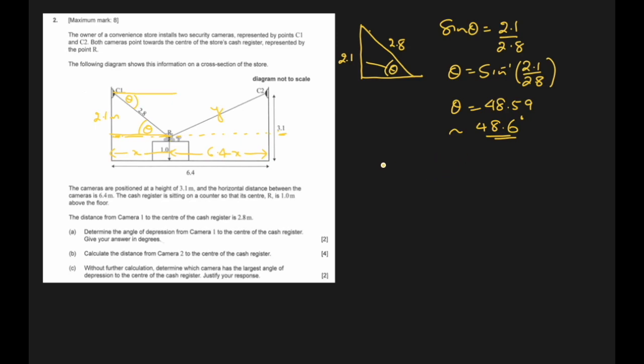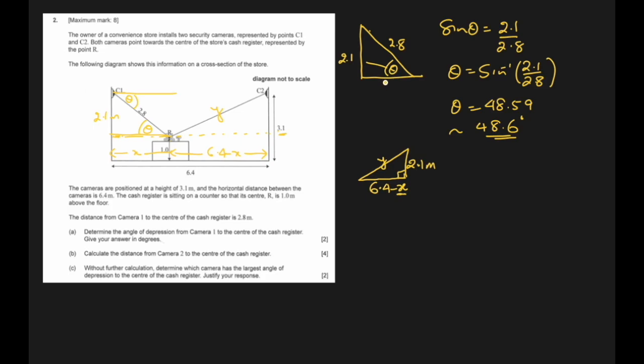In this triangle, the base is 6.4 minus x. Now we have two variables here. This is again 2.1 meters, and they want the distance. If we find x first, then only we'll be able to find y.